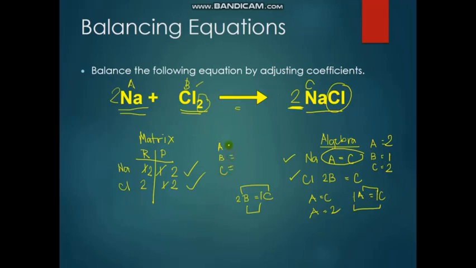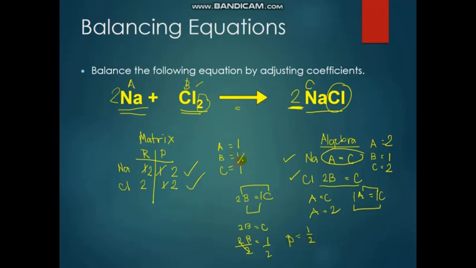So let's solve for B using the other equation. So you have 2B is equal to C. Since C is equal to 1, this will become 2B is equal to 1. Let's simply divide both sides by 2. So you'll have B is equal to 1 half.